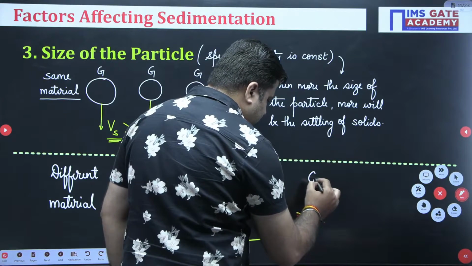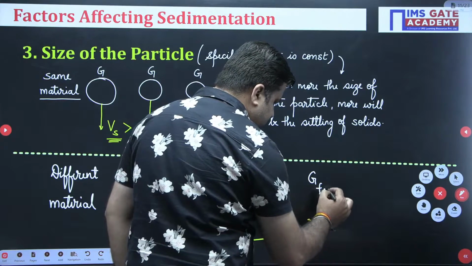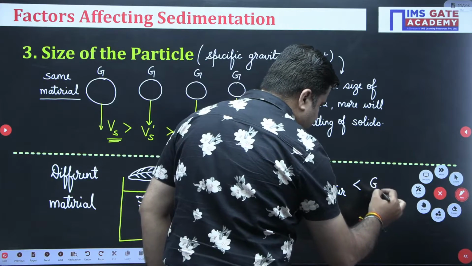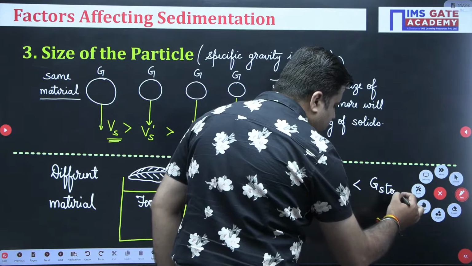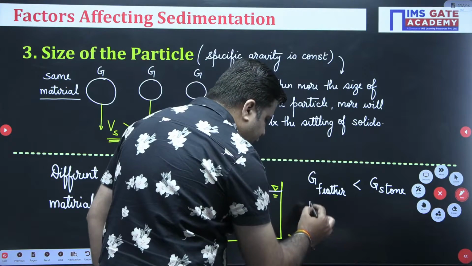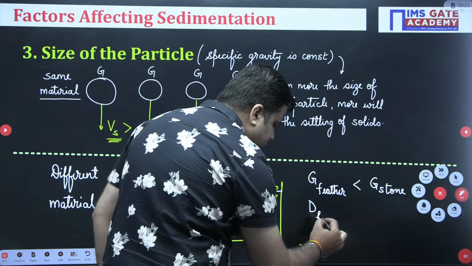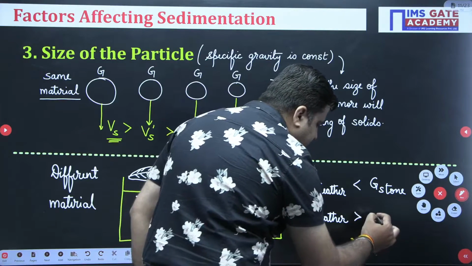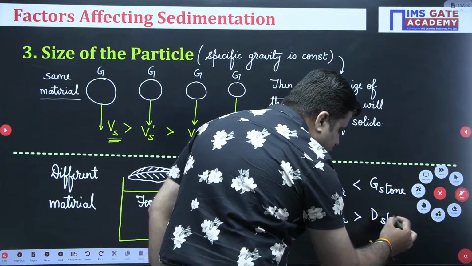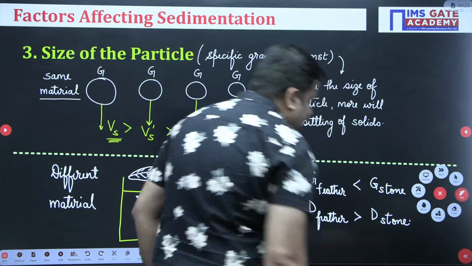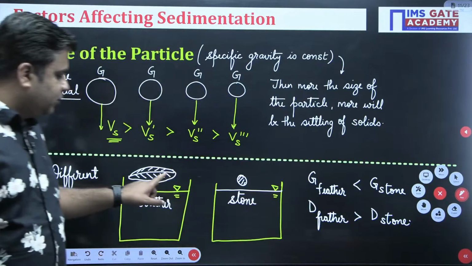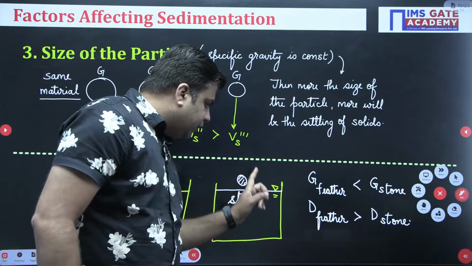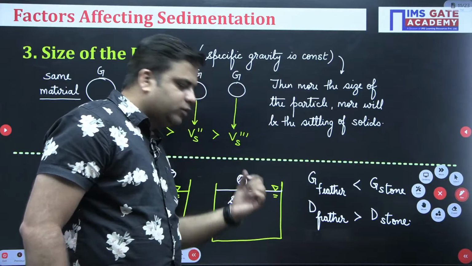So G of feather is less than G of stone, but size of feather is more than the size of stone. So even if the size of feather is more, it is not going to sink at all. But on the other hand, for the stone, even if the size is less, it is going to sink properly.